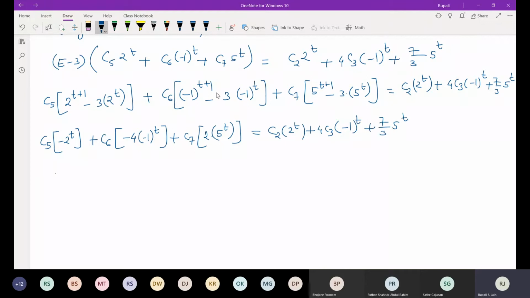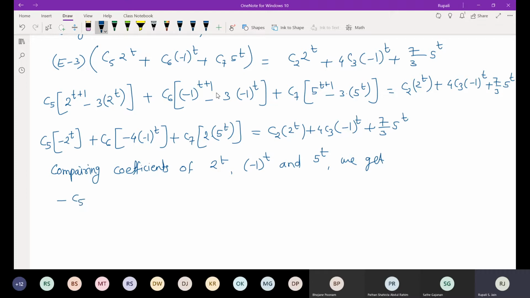So now LHS is equal to RHS and both are polynomials in 2 raised to t, minus 1 raised to t and 5 raised to t. So what does this imply? Comparing coefficients of 2 raised to t, minus 1 raised to t and 5 raised to t, what do we get?